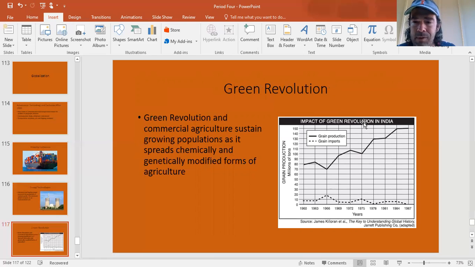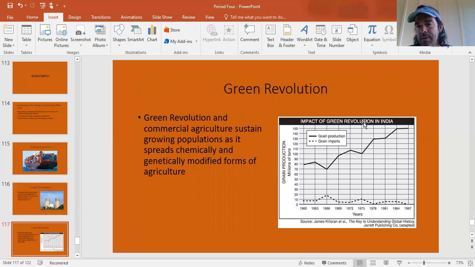We talked about the Green Revolution when we talked about Indian history. The Green Revolution was started by an American scientist, and it is the process of growing food using chemically and genetically modified forms in commercial agriculture.